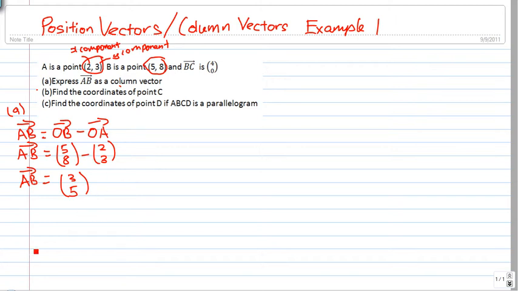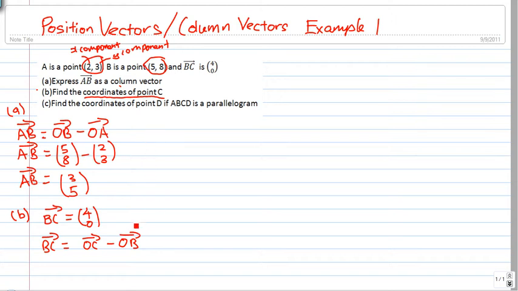Let's do B. Find the coordinates of point C. Now you know that they gave you a clue, BC. They told you that BC is (4, 0) as a column vector, and you know that BC can be represented as OC minus OB.